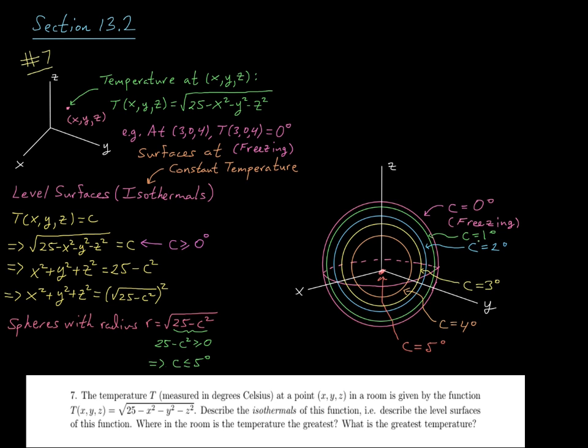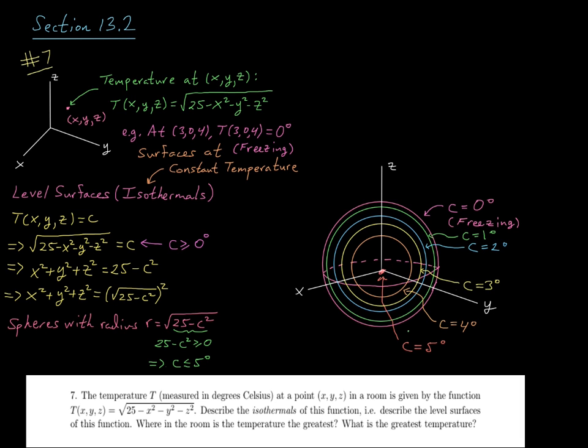And now as I increase c, right, from 0 all the way up to 5, what's happening to my radius? Well, this thing is going to get smaller as we increase c. So that's why we see for, say, c is 1 degree, 2 degrees, 3 degrees, and so on and so forth, we see the radius here decreasing.